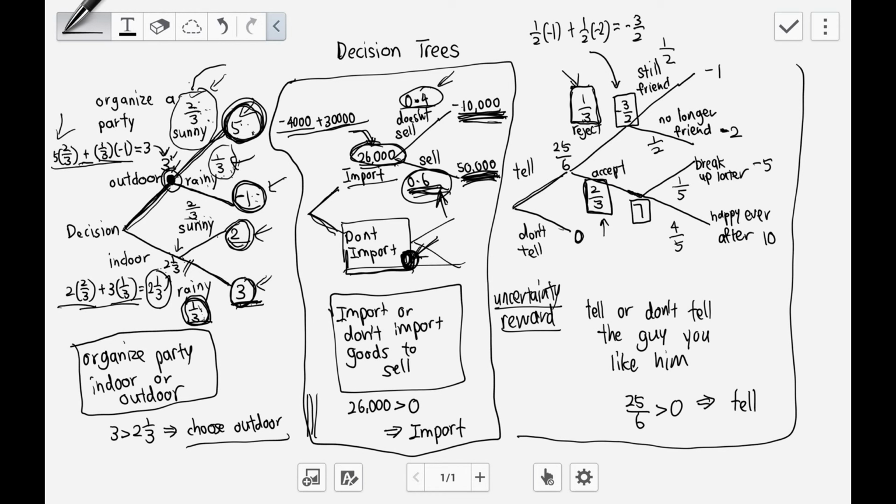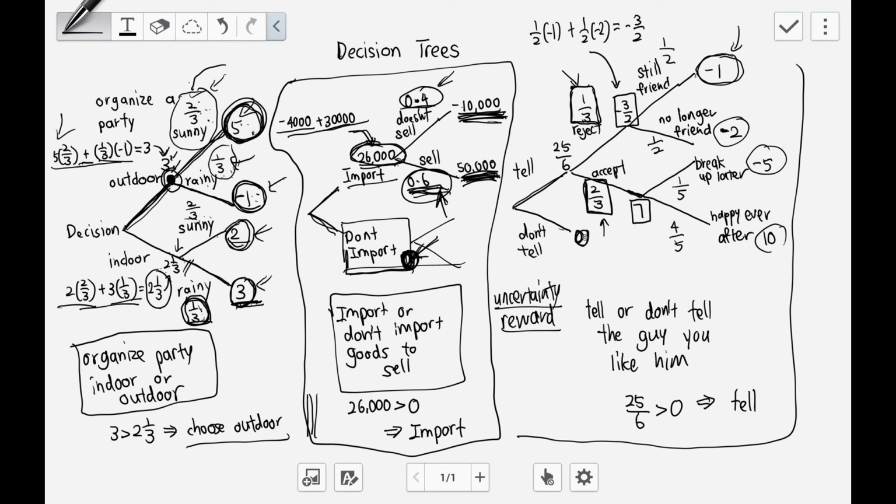So what is the reward? The reward will only be given at the very end. So let's say if he rejects you and you still remain as friends, the reward to you is -1. That means you are a bit unhappier than currently. But the utility for different people may be different.